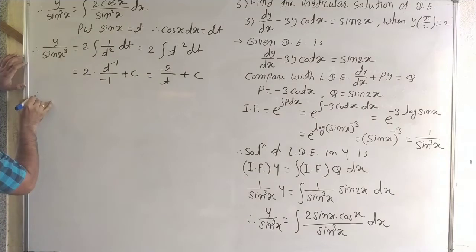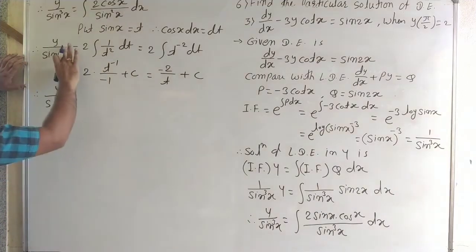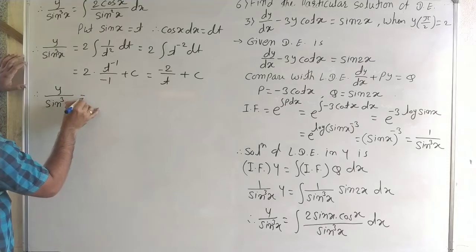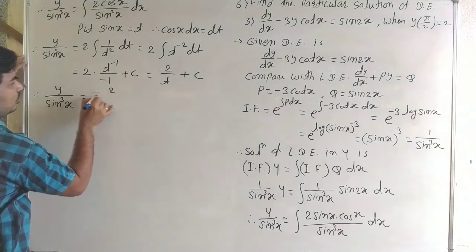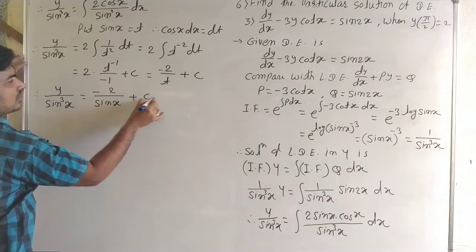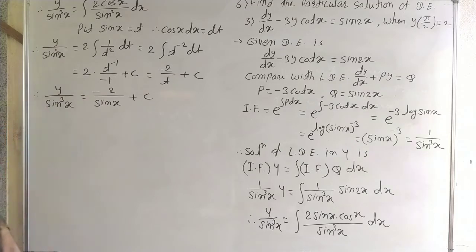Then put the value of t. y upon sin cube x is equal to minus 2 upon sin x plus c. Here is the general solution of the differential equation.